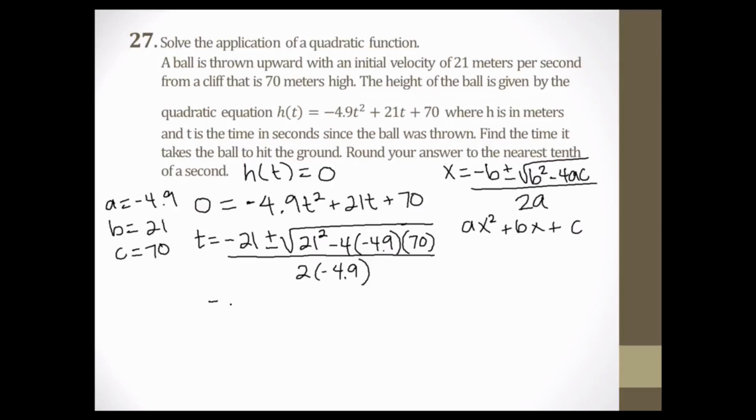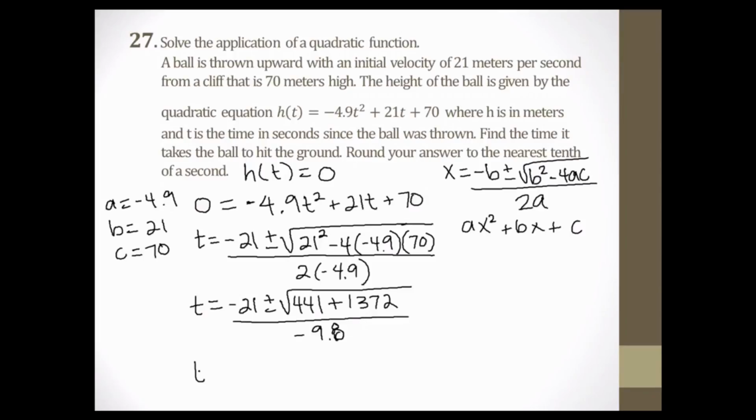Okay, so now we have negative 21 plus or minus the square root of 21 squared is 441, and then negative 4 times negative 4.9 times 70 is going to be positive 1,372, divided by 2 times negative 4.9 is negative 9.8.